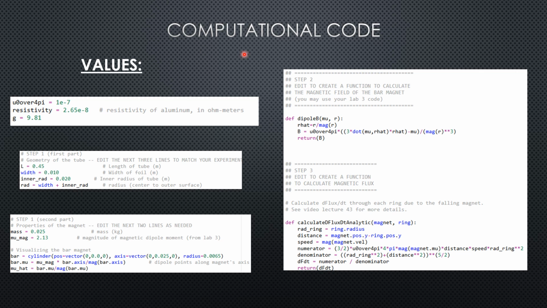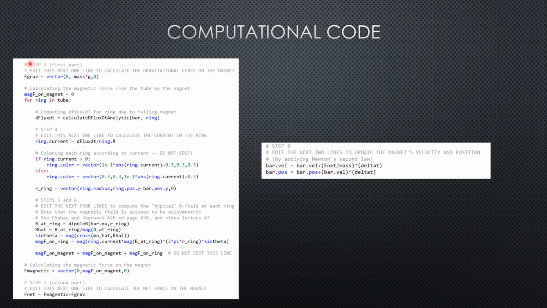And then for the computational code, here are some of the values. These are the starting values. These are the values for the aluminum foil tube, and these are the values for the magnet. In this function, I determined the magnetic field of the bar magnet, and in this function, I determined the magnetic flux.